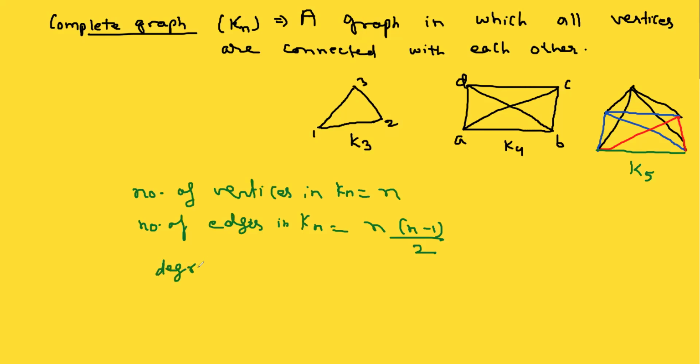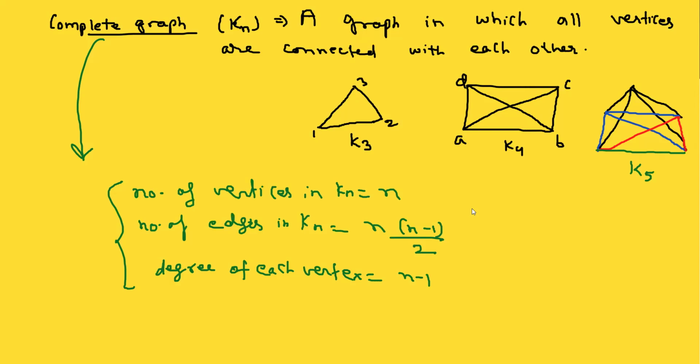And the third important point of a complete graph is the degree of each vertex: each is n minus 1. You can see if it is K3, the degree of each vertex is 2. Here K4 means the degree of each vertex is 3. This is K5, the degree of each vertex is 4. Understood? These three important points are derived from the complete graph. Write this.